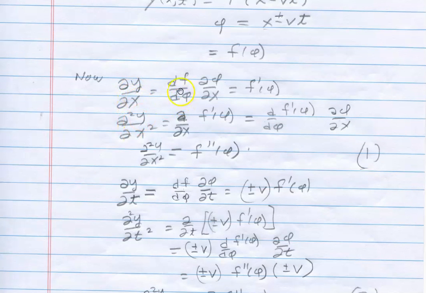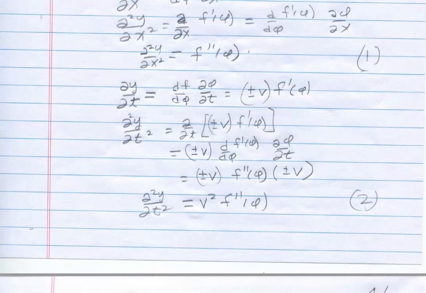So I take two derivatives. Using the chain rule, it's just going to be f prime d phi dx. And d phi dx is just 1, so this becomes f prime. Take a second derivative of it, and I do likewise. d phi dx again is just 1, and so I get the second partial derivative of y with respect to x is f double prime.